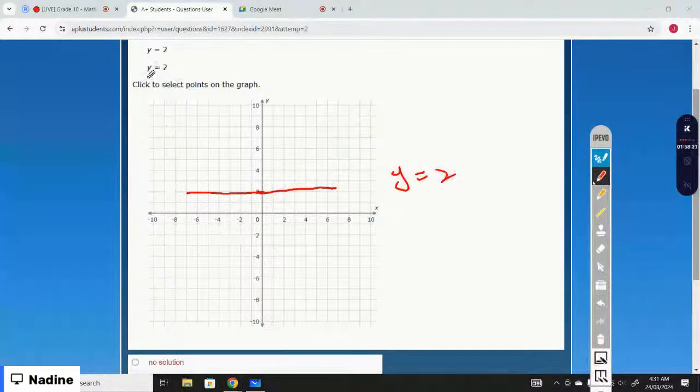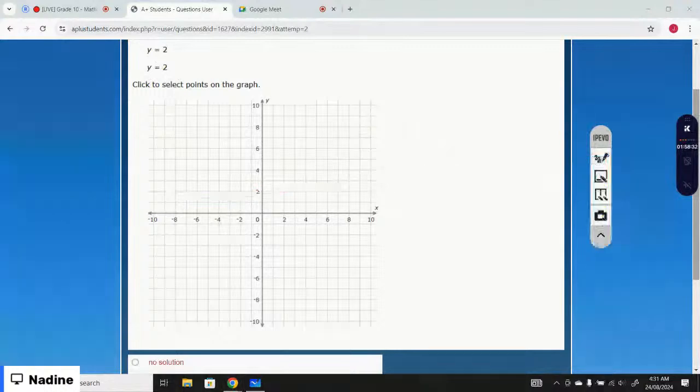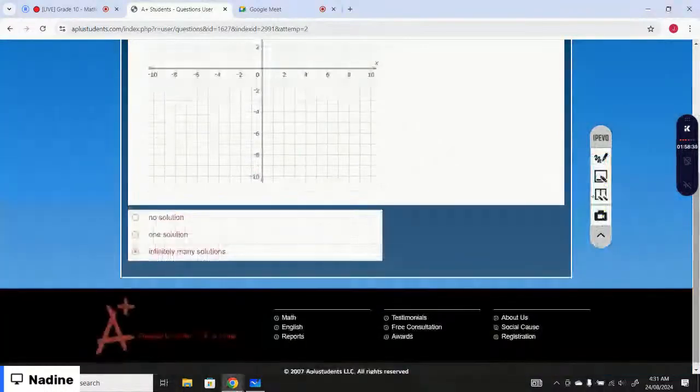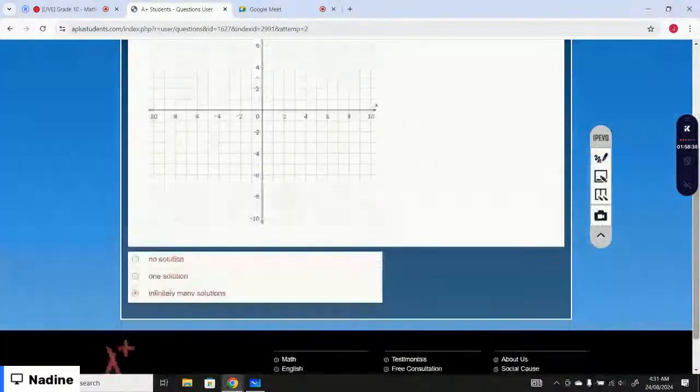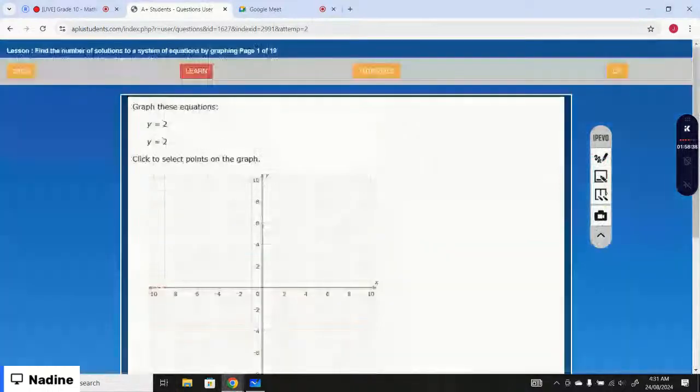So both the equations are exactly the same. You need to make the lines one above the other, right? So that means they have infinitely many solutions. Got it? The correct option is infinitely many solutions because the equations are exactly the same. They form a line, one above the other, so they have infinitely many solutions.